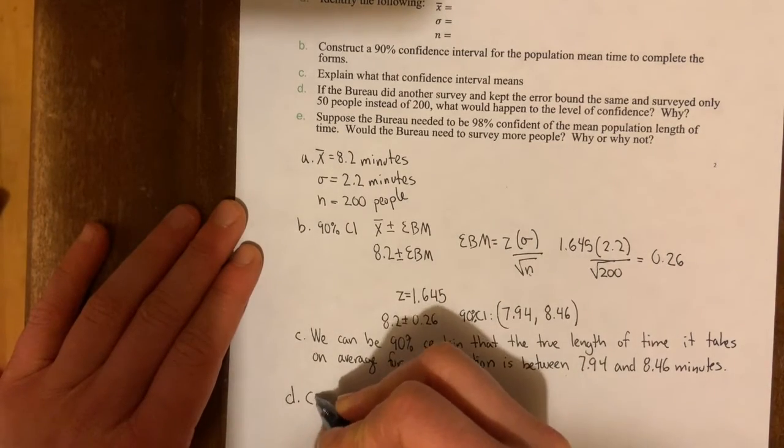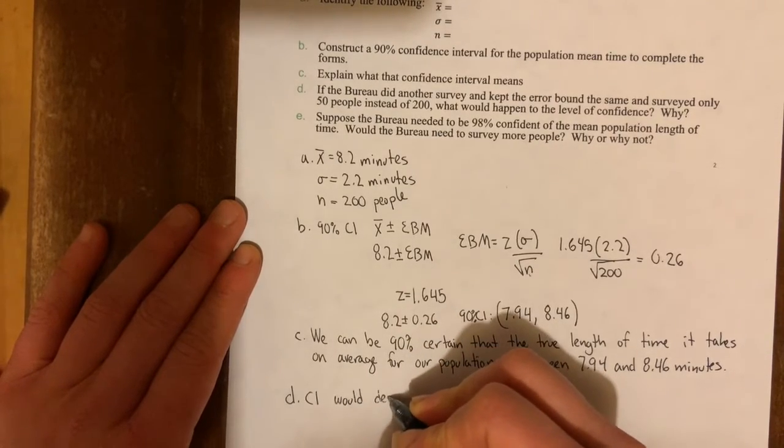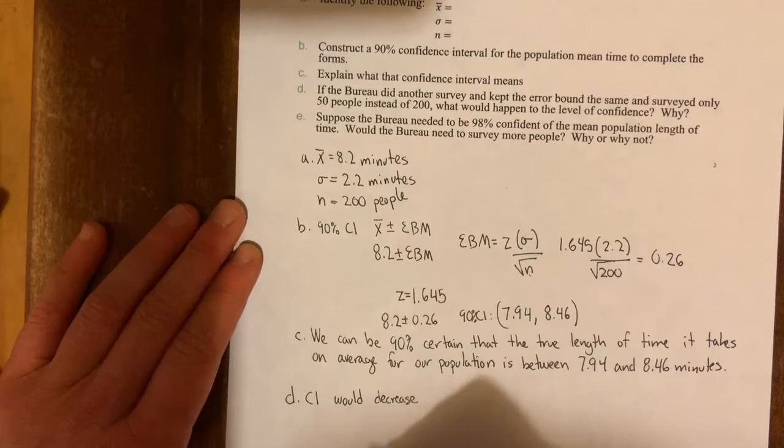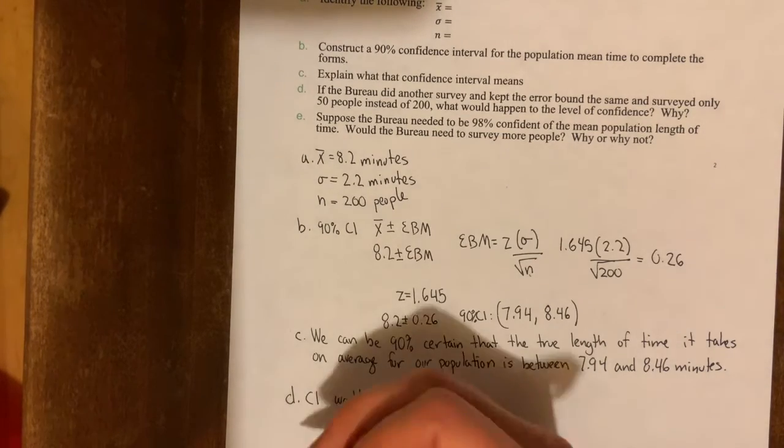So the confidence level would decrease, meaning we would have a smaller amount that we'd be certain of, that we'd be 90% certain that our population average would fall between.